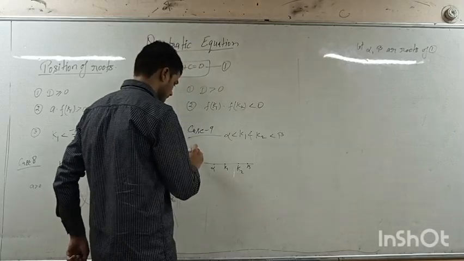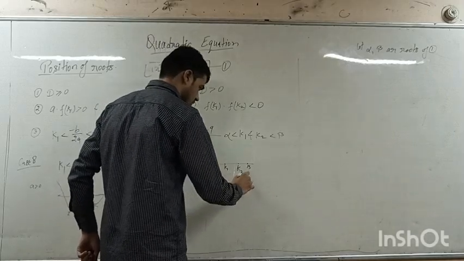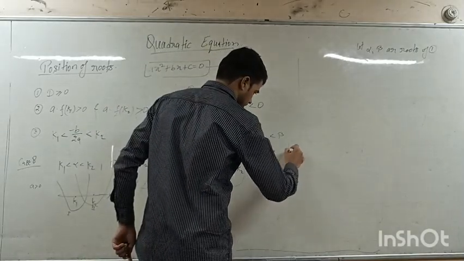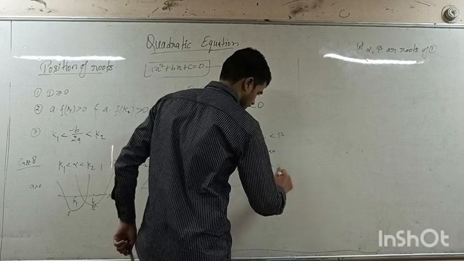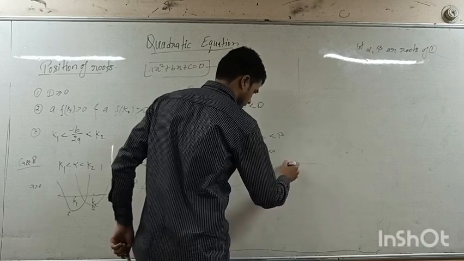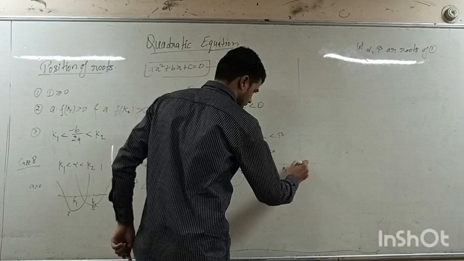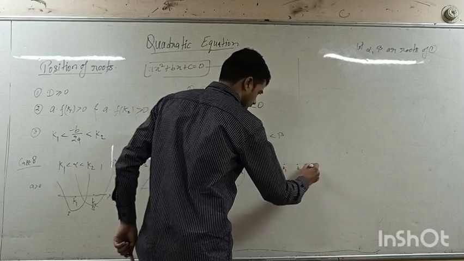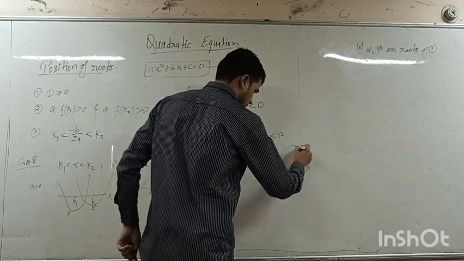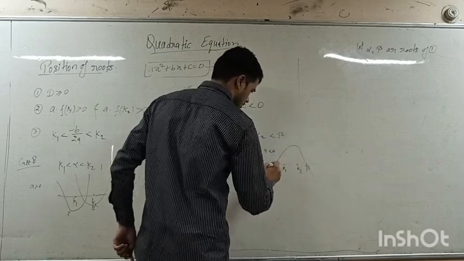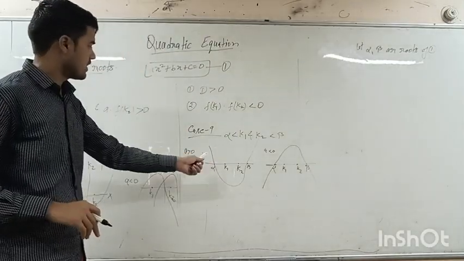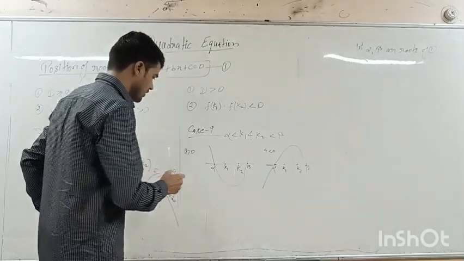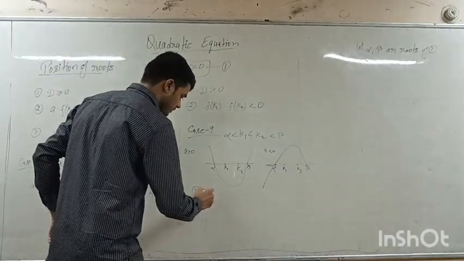So if a is greater than 0, then the function will be like that, and if a is less than 0, this is k1, this is k2, and this will be alpha, and this is beta. So if a is greater than 0, this will be the graph, and if a is less than 0, this will be the graph. So what are the conditions here?